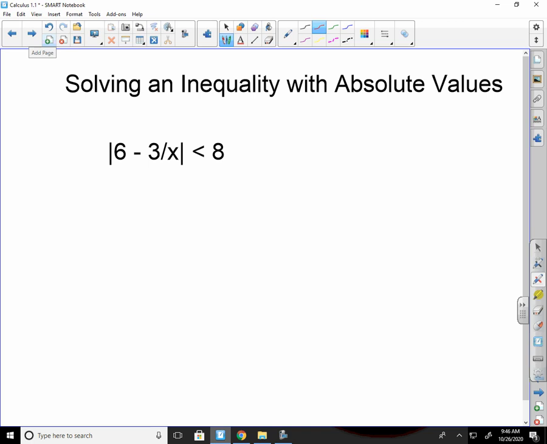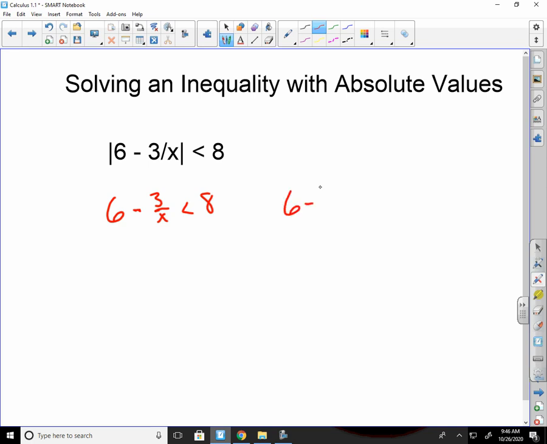All right, now let's move on to inequalities. We treat inequalities the same way with absolute values. If I have the absolute value of 6 minus 3 over x less than 8, I do the same thing. Get rid of my absolute values. That gives me 6 minus 3 over x less than 8.